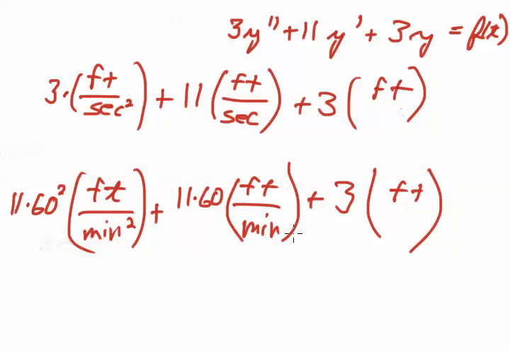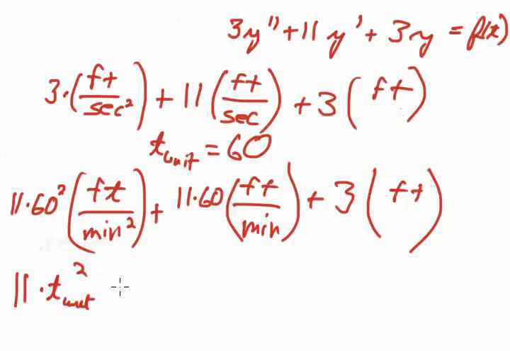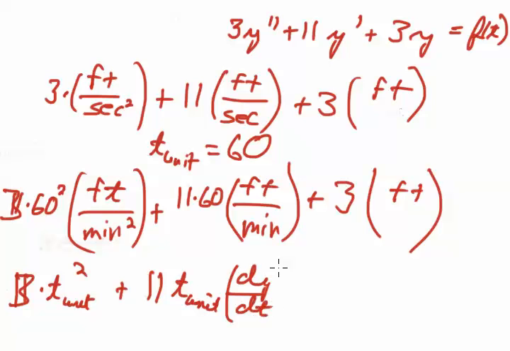So if we could create a unit, t sub unit equals 60 here, this would be 3 times t sub unit squared times d squared y dt squared, plus 11 times the unit time times dy dt plus 3 times y.